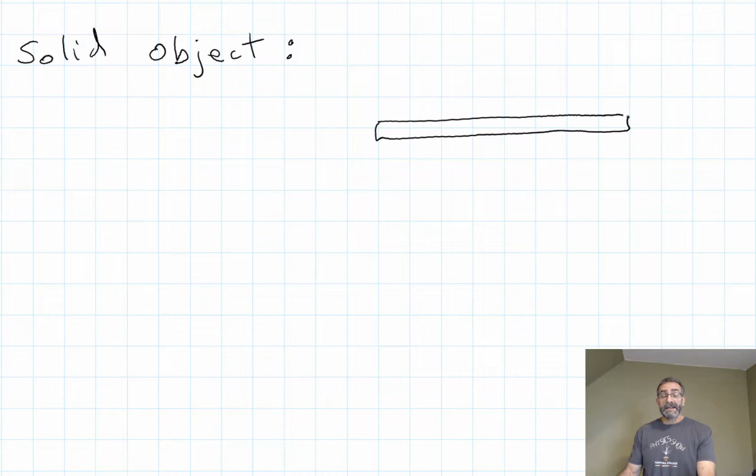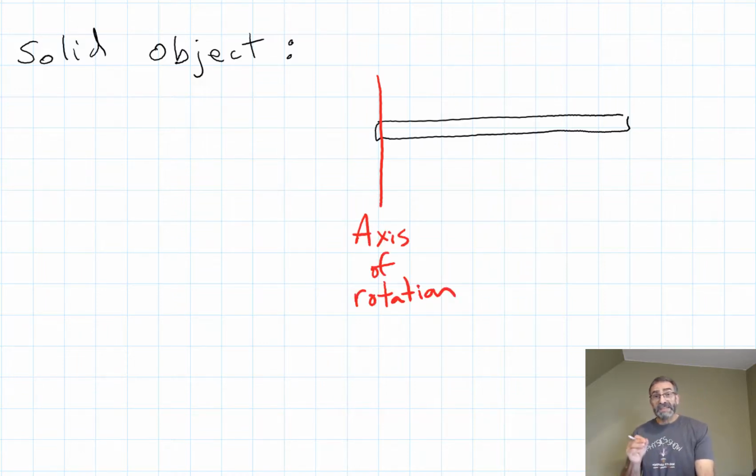Now let's take a rod, and let's have the rod rotating about its end point. And what we do, we treat each little tiny chunk of mass like a point object. So we pick a little tiny piece over here at some arbitrary location. We say that's a little infinitesimal chunk of the whole thing.